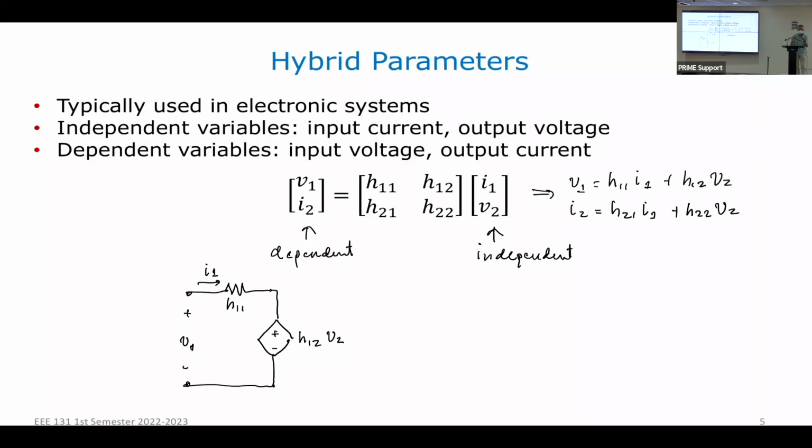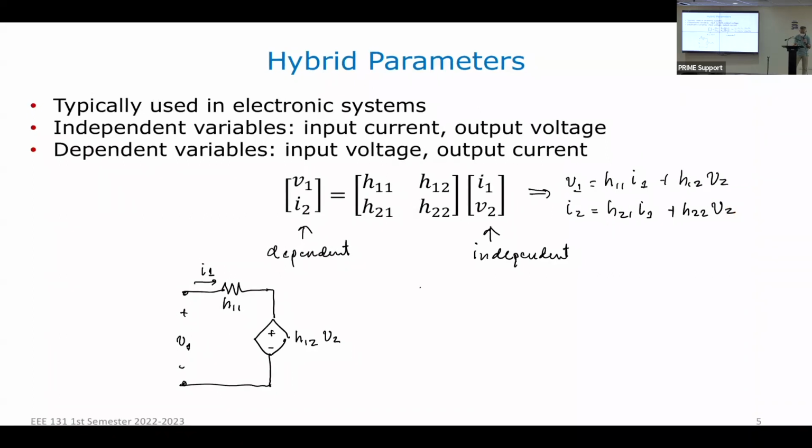Okay, then I2, this is a nodal equation. Right? So what do I have? I have here, this is going to be V2 plus minus I2. I2 is going to split into two components, H21I1 and H22 V2.